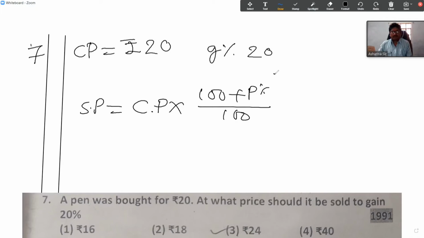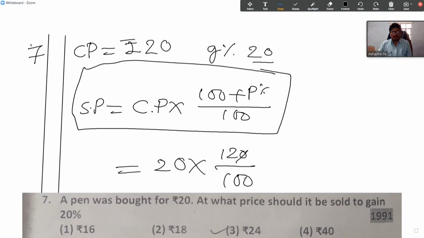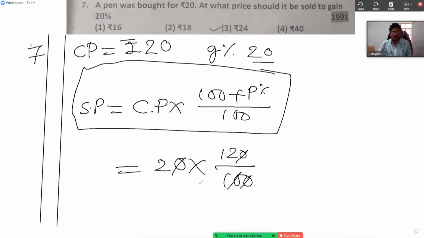This is the formula. So 20 into 120 by 100. 12 twos are 24 rupees. 24 rupees is selling price. This is the answer. Option 3.